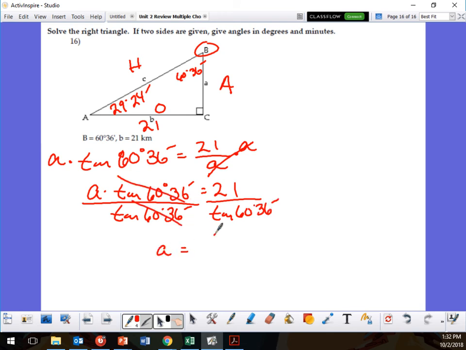A is equal to 21 over tangent 60 degrees, 36 minutes. And that's where you put it in your calculator, right? I got 11.83? Yeah. Okay. So you're saying that a is about that.